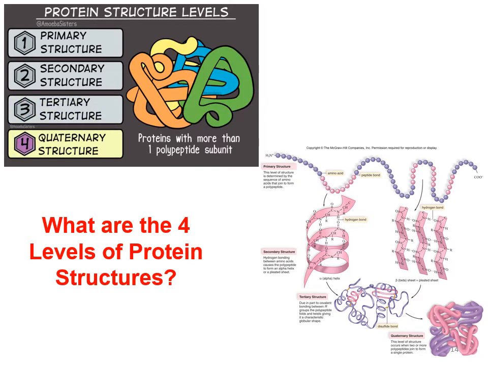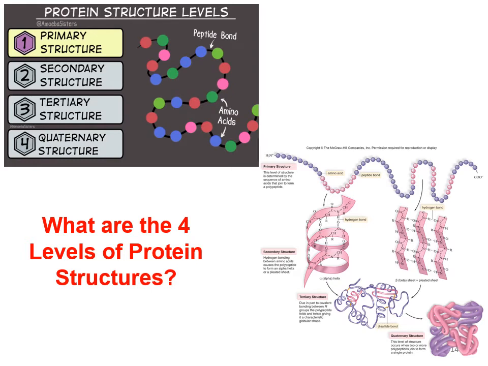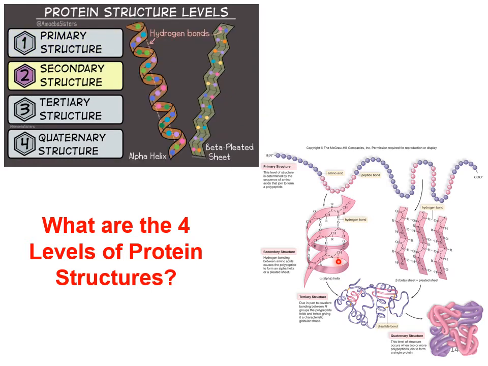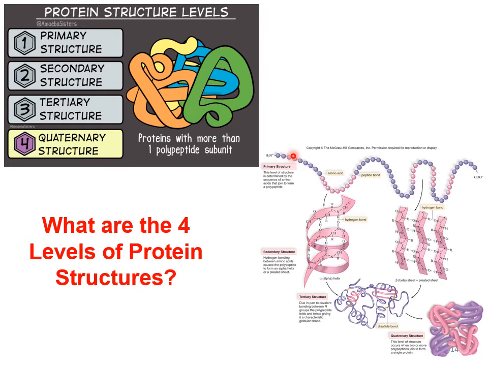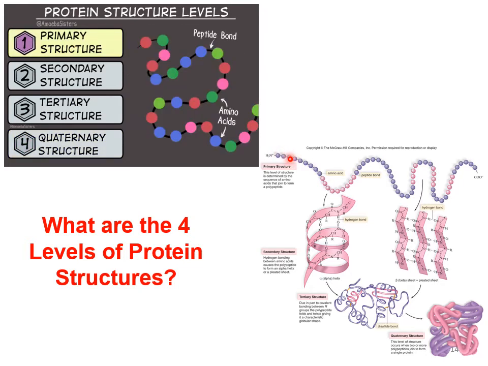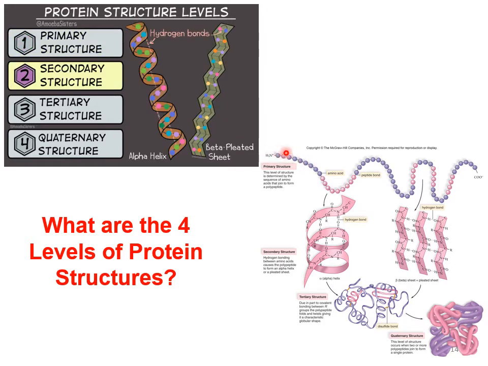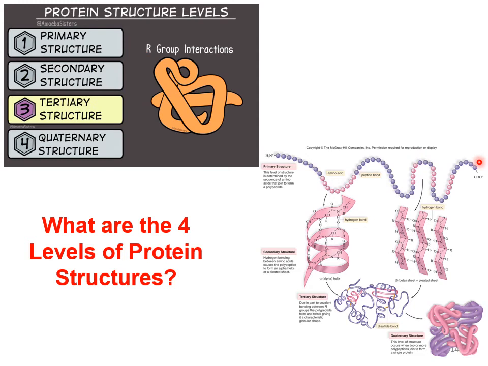Now, the 4 levels of protein structure are as follows. The first one is the sequence of amino acids. So basically the string of amino acid names such as leucine, tryptophan, tyrosine, any of those in a row, the string of amino acids is the first level of protein structure.